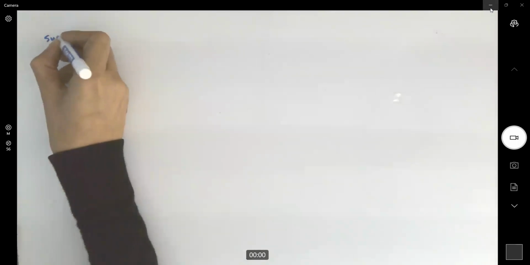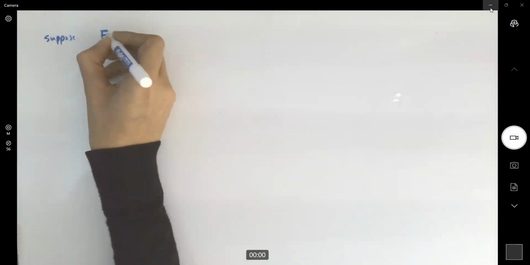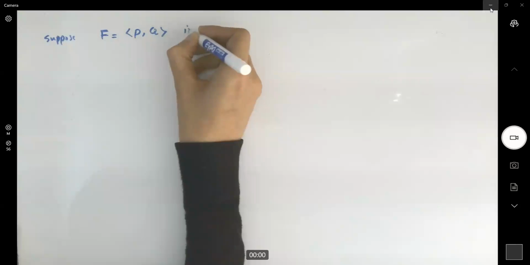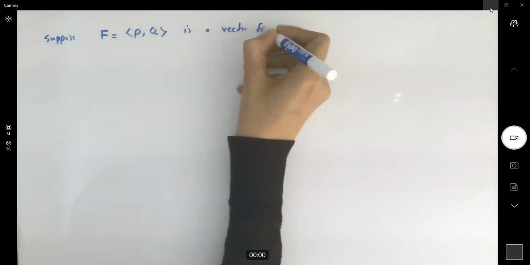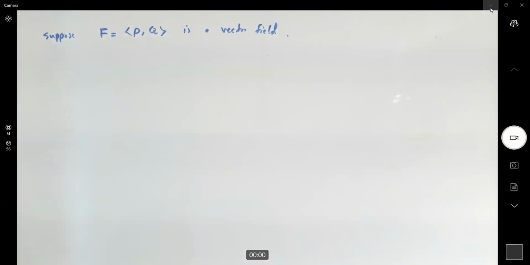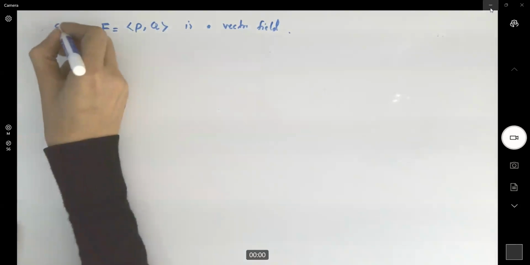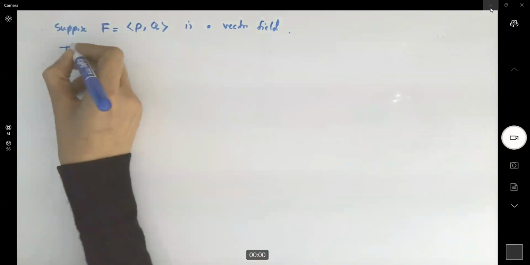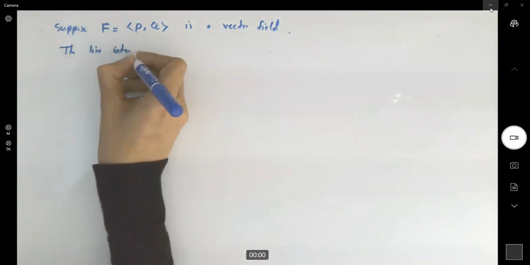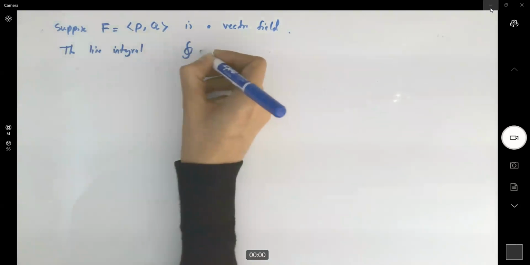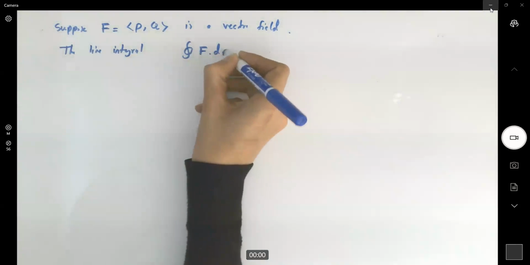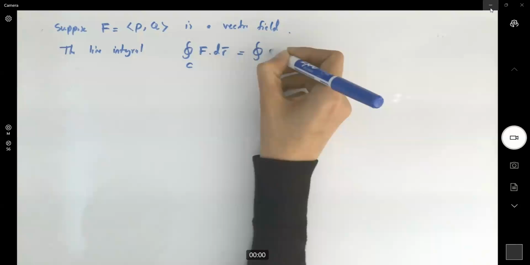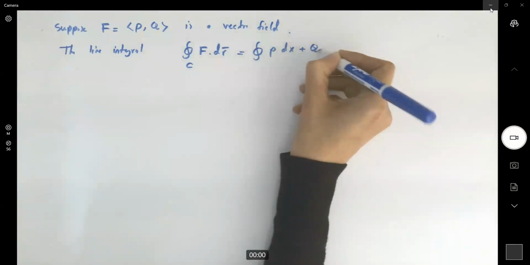Suppose F is a vector field with components P and Q. Remember that the line integral is defined as F dot dr over a smooth curve like C, which is defined as P dx plus Q dy.